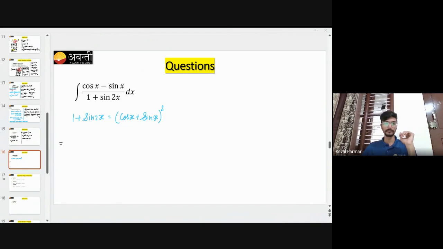Trigonometric modification. Or should I do it? Okay, let's do it.